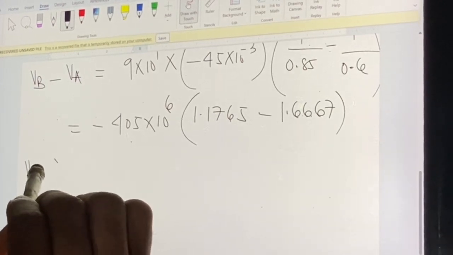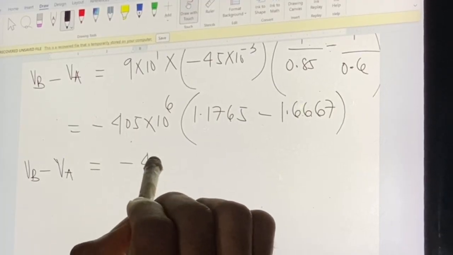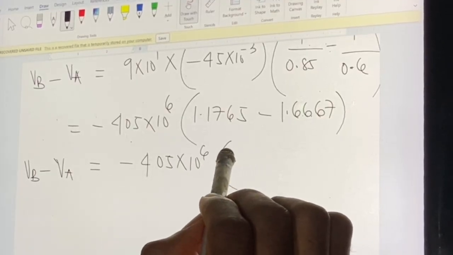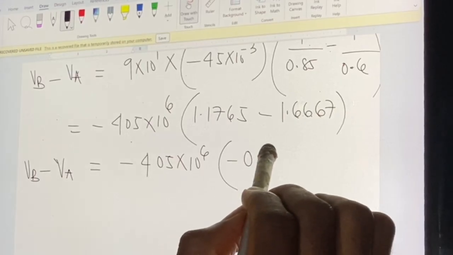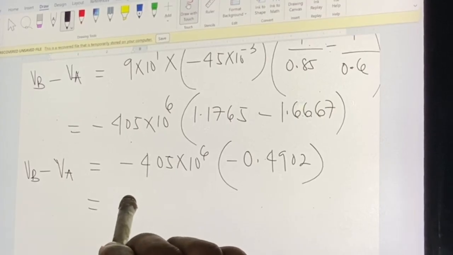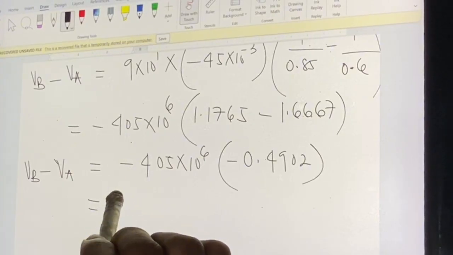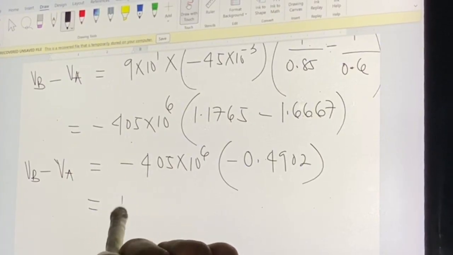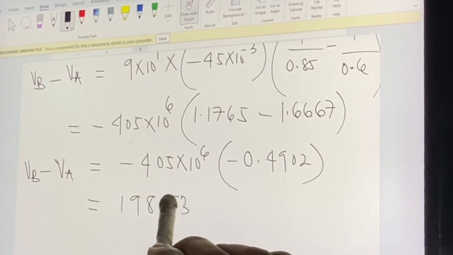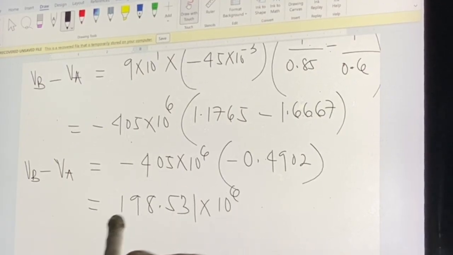Now let's punch our calculator here to get the final answer. VB minus VA will be equal to, class, minus 405 times 10 raised to the power of 6 into minus 0.4902. So our last answer here is 198.531 times 10 raised to the power of 6.